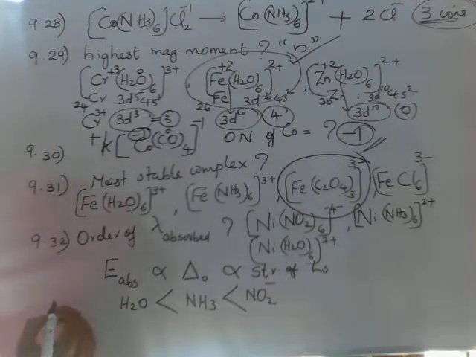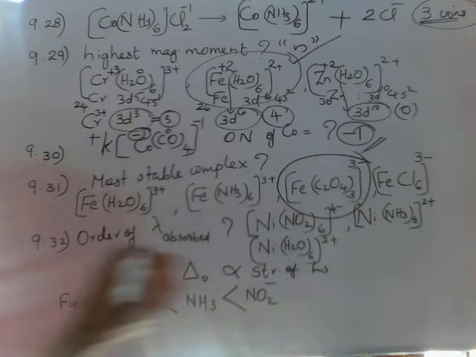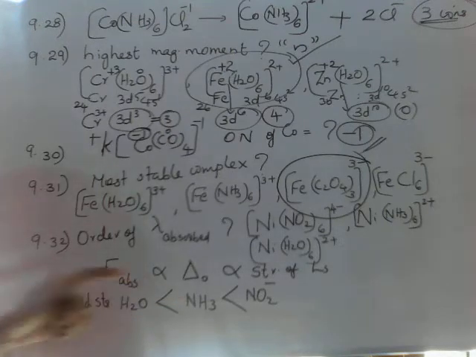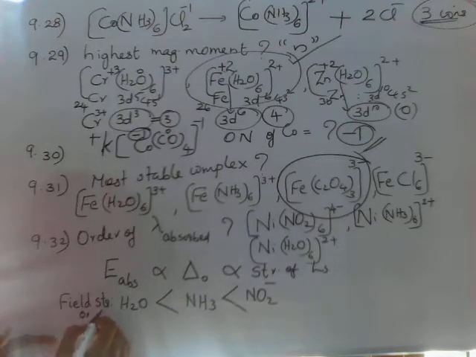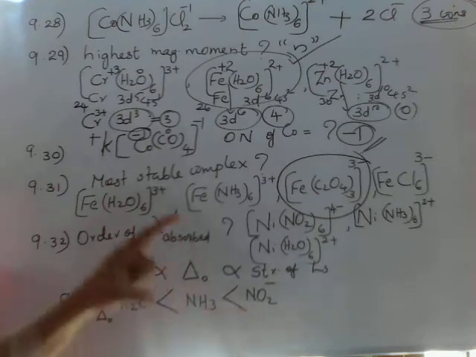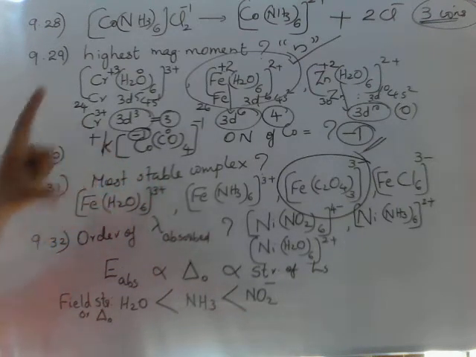This is the order of field strength. Field strength in this order means this is the order of crystal field splitting energy. As the field strength of the ligand increases, delta O also increases. That is, crystal field splitting increases.